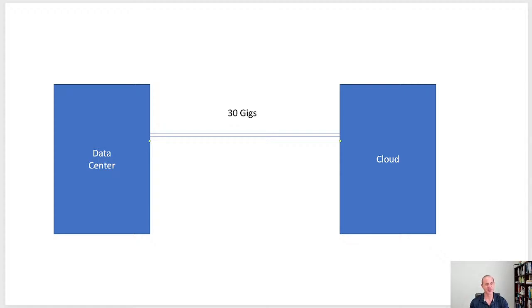Or do I probably need 30? Well, if I need 30 gigs as a primary link, my backup probably needs to be close to 30. So I'm going to need a second link aggregation group, as Alonzo just said. So this is where I would build my primary connectivity to the cloud.